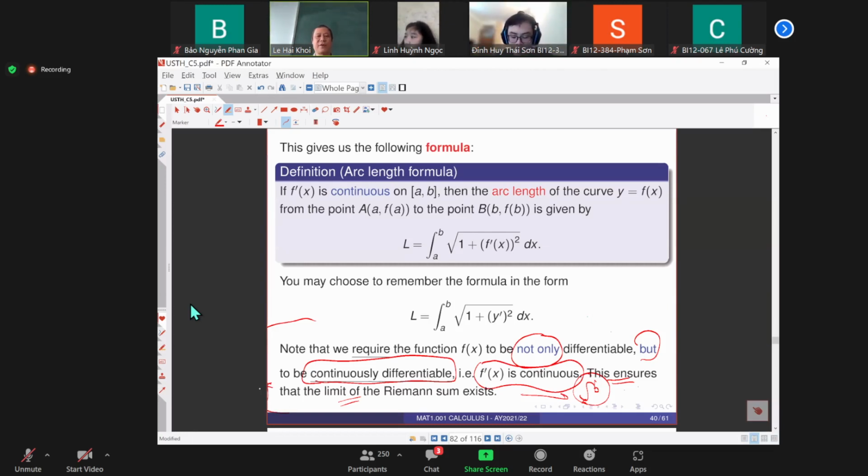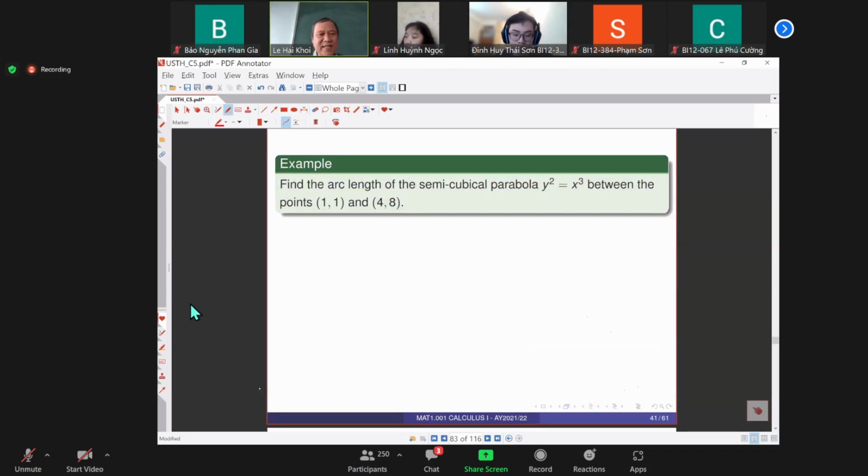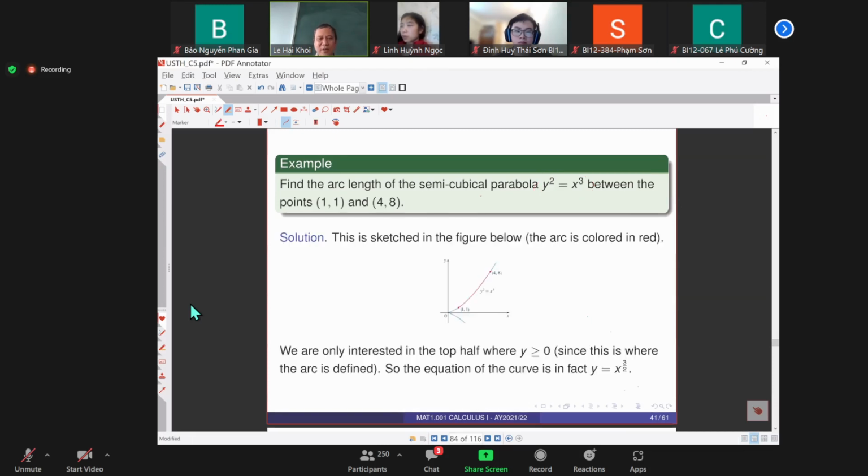For example, find the arc length of the semi-cubical parabola y squared equals x cubed between the points (1,1) and (4,8). Now you see this curve like that, with the upper and lower parts.